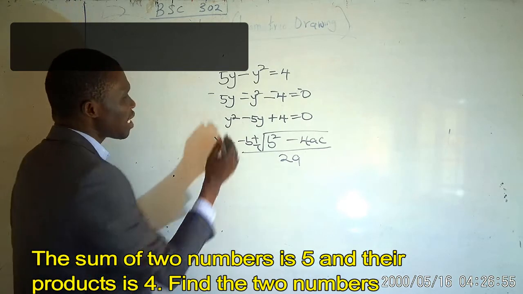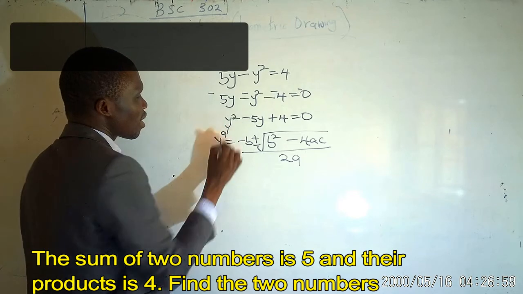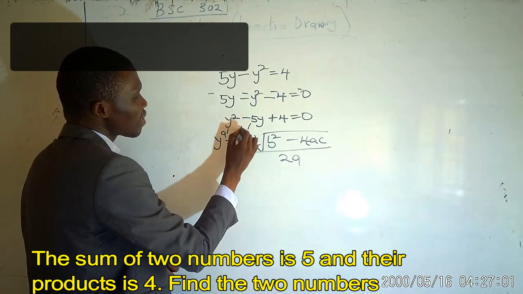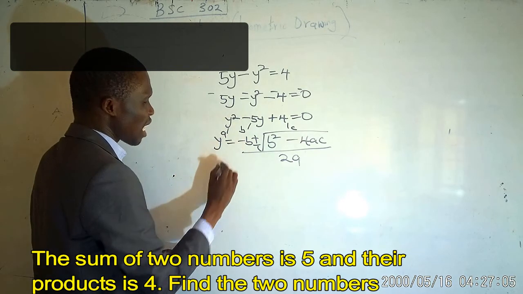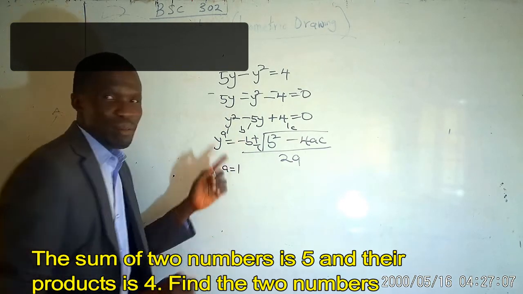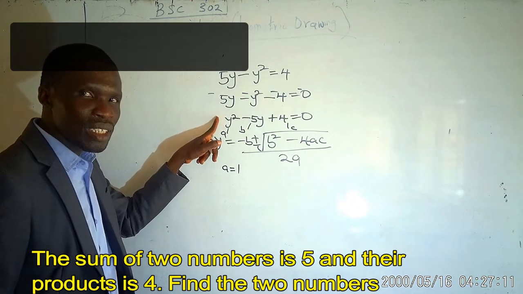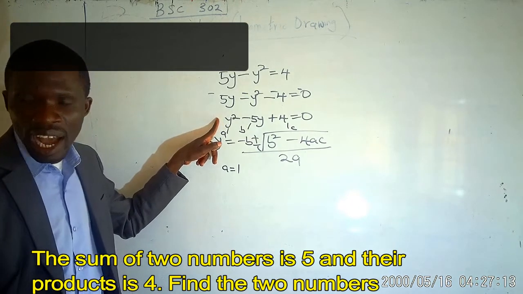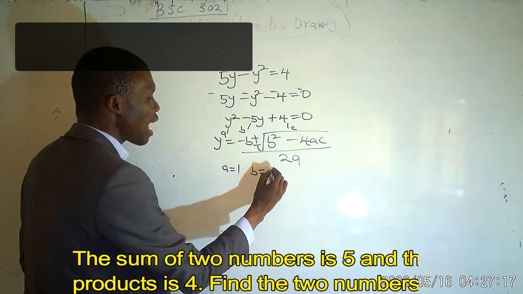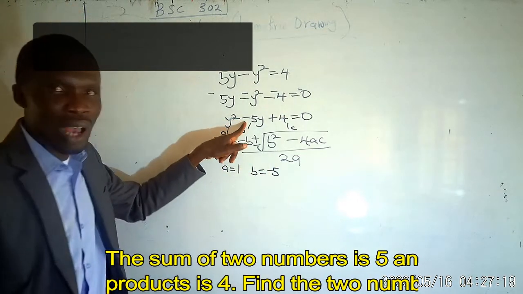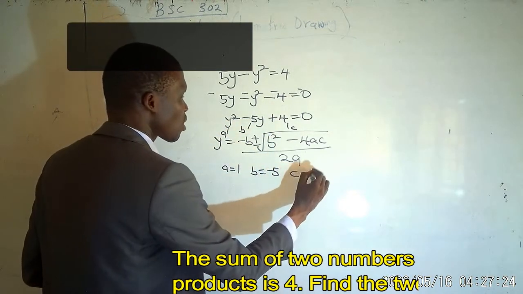Now, from here, this is A, this is B, and this is C. That is telling you that A is 1 because the coefficient of y squared here is 1. There's a visible 1 here, and you need to understand that. Now, our B is minus 5, because we have minus 5 here, while our C is 4.